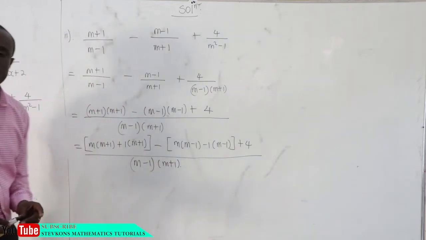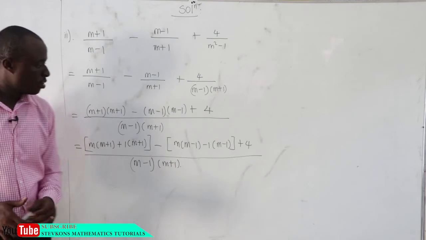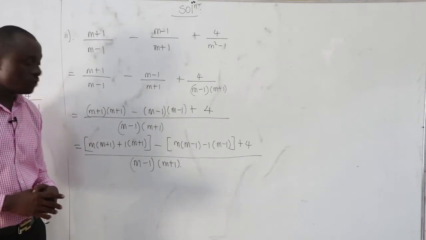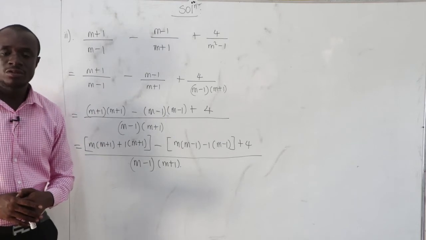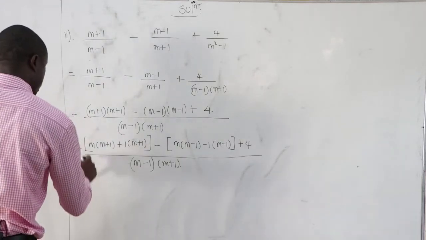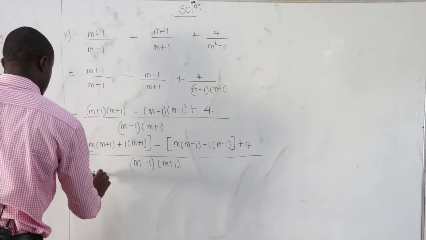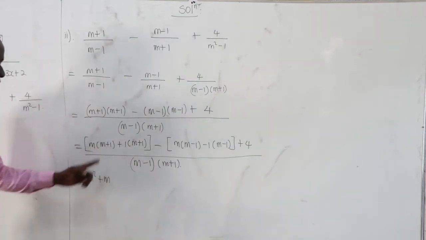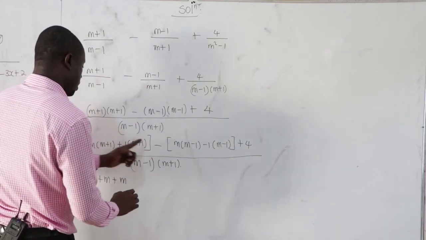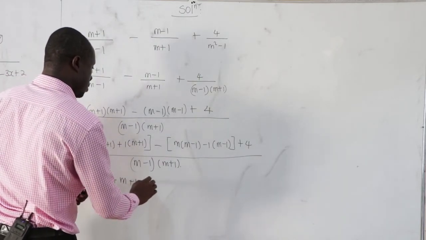Now, if you've forgotten how to expand two binomials, please make sure that you visit my YouTube channel for a whole lot of lessons on that. Now, here we have m times m, m squared, m times 1, m, plus m, this time this, plus 1, minus.